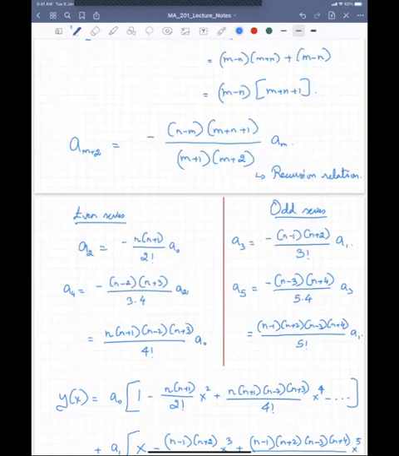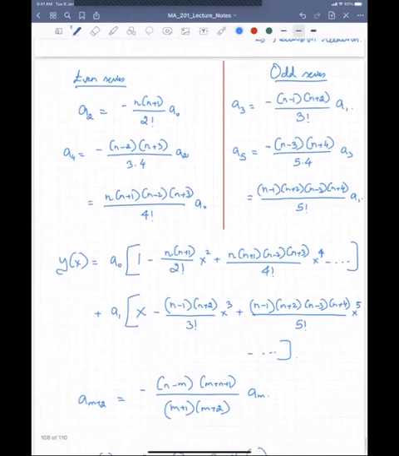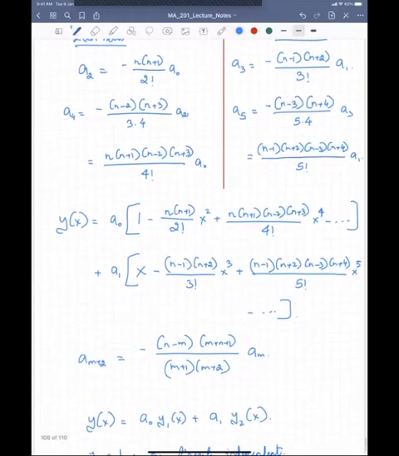And we later found out that if you look at this recursion relation carefully, one can of course go ahead and plug everything in and develop a series solution for y of x, which is what we did initially, right? We wrote this as a0 times a series in x and a1 times another series in x.